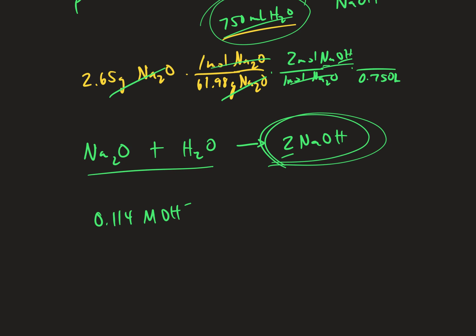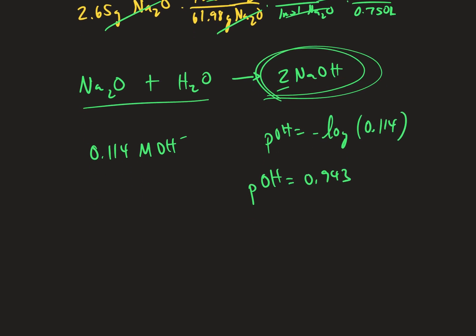And then we can say, okay, the pOH is equal to negative log of my OH concentration, which is 0.114. It's 0.943. So the pOH is 0.943.